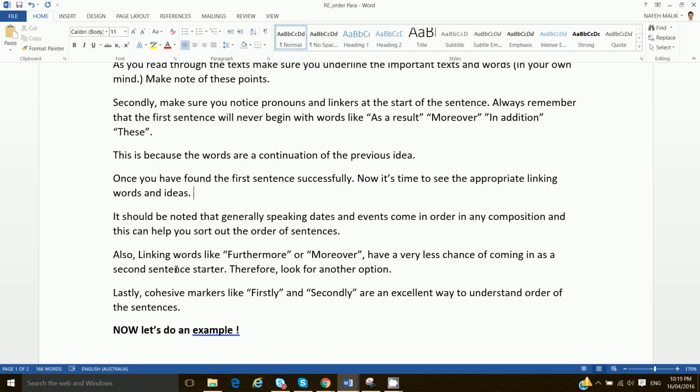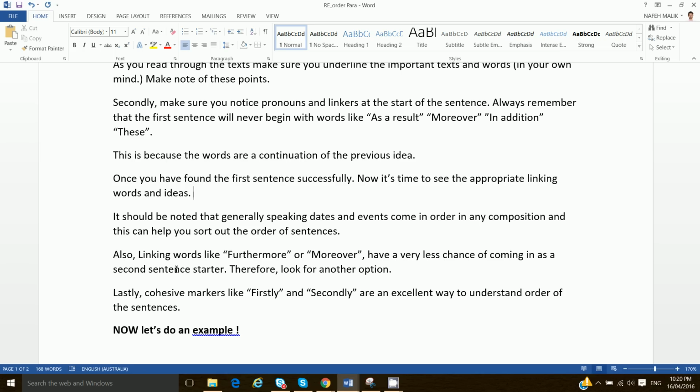Also, coming to the further definition of linkers or linking words, furthermore or moreover, there's a high chance they will not come in the second sentence. If it's the first sentence, there's a high chance the sentence that follows will have in addition or also, but never furthermore or moreover, because they are usually for points on the third or later stages.